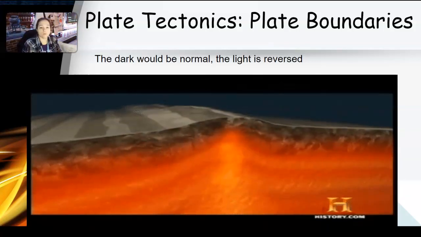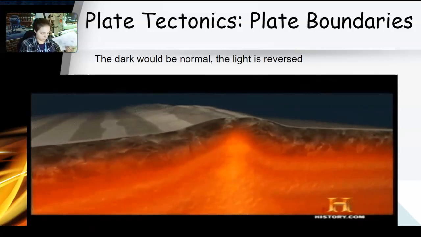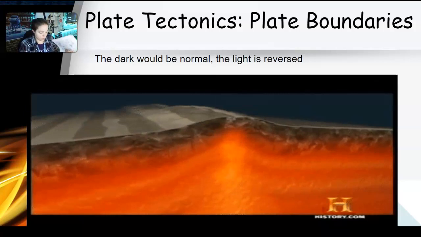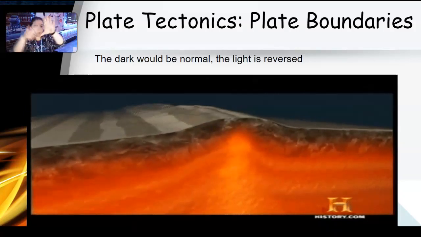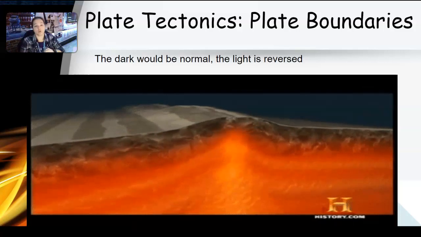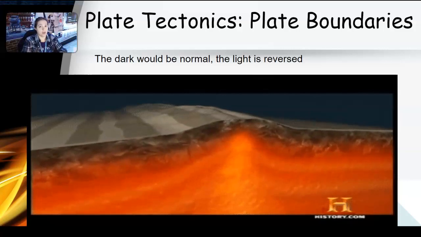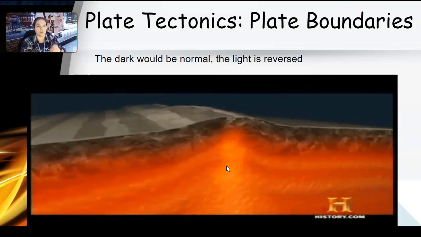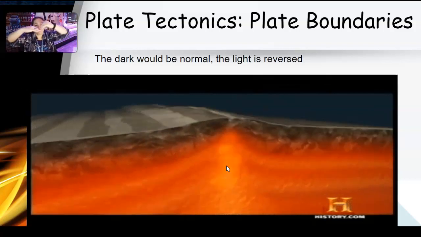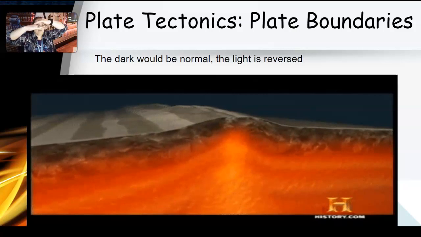What forms at a transforming plate? The only thing that occurs at a transforming plate where they go side to side is earthquakes. That's what you get there. Not that you don't get earthquakes at any of the other ones. These ones typically not so much of the earthquakes, but convergence, yes, because as you push and push and push, you're putting a lot of pressure and eventually it pops.